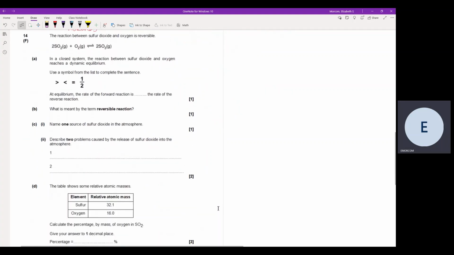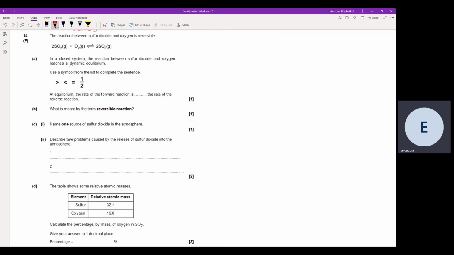Then for question 14, the reaction between sulfur dioxide and oxygen is reversible. So we've got 2 SO2 gas plus O2 gas reversibly goes to 2 SO3 gas. In a closed system, the reaction between sulfur dioxide and oxygen reaches a dynamic equilibrium. Well, we need to be thinking, what does dynamic equilibrium mean?